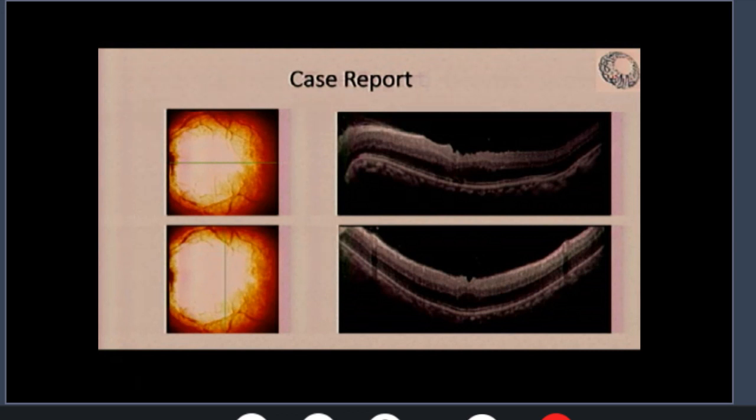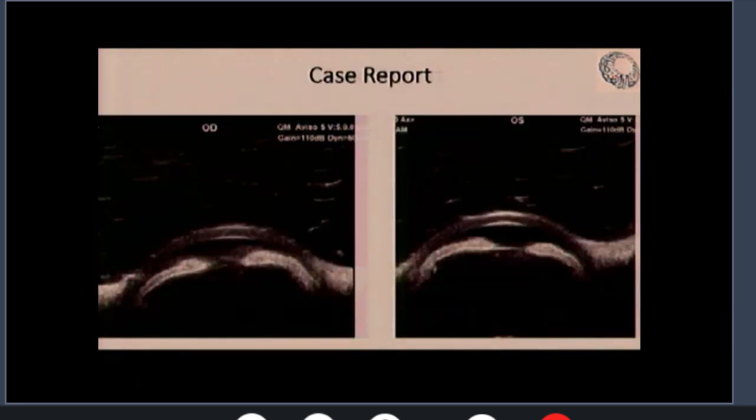Macular OCT. Oops, I passed this one, sorry. Anterior segment.